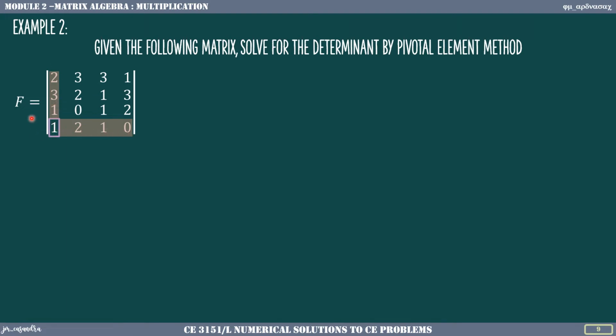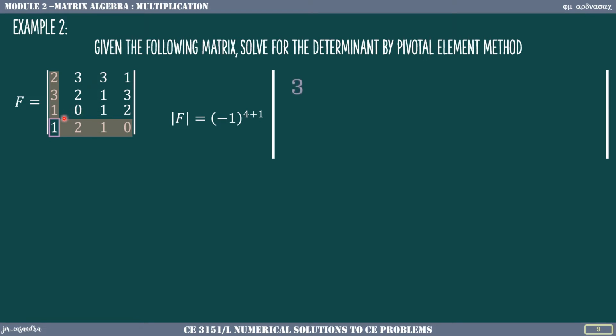So for our solution, the determinant of F will now be negative 1 raised to the position of our chosen pivotal element. That's 4 plus 1. Okay. And then in our matrix, we write the remaining minor matrix of our chosen pivot element.